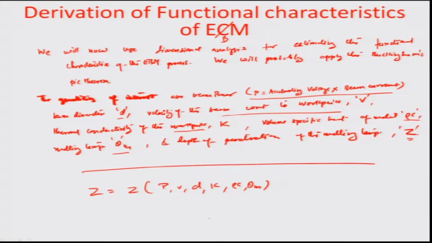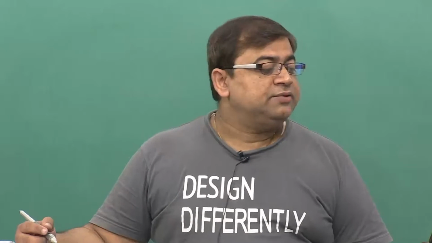Let us express all these quantities in terms of basic dimensions like mass, length, time and temperature, and look at the basic dimensions which come out of these parameters.